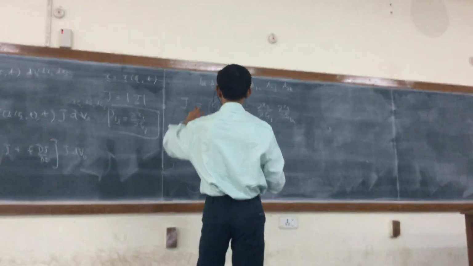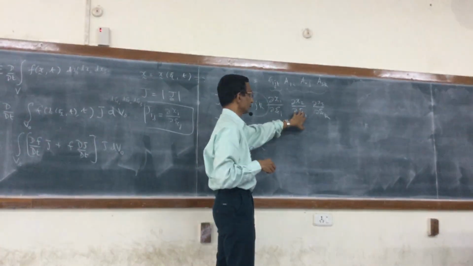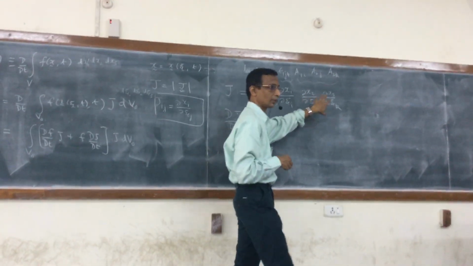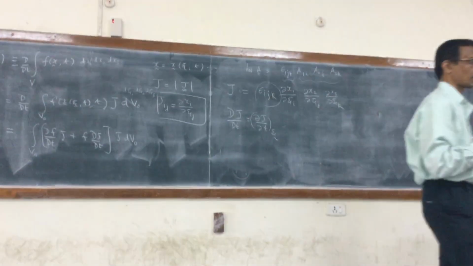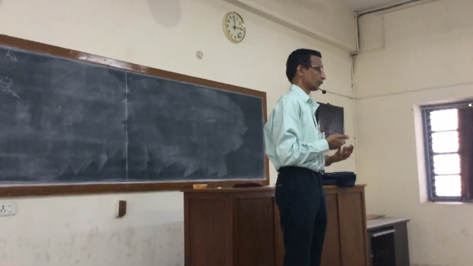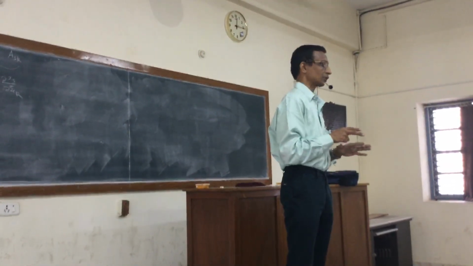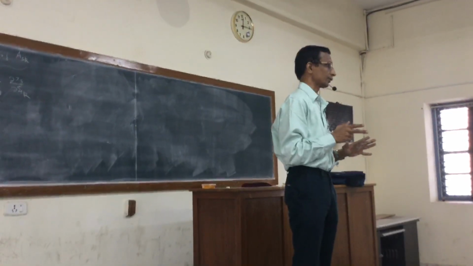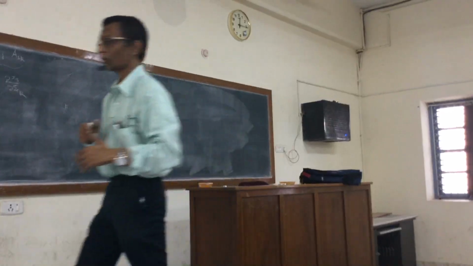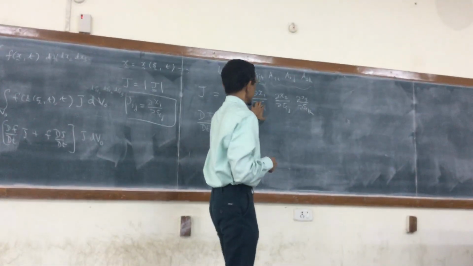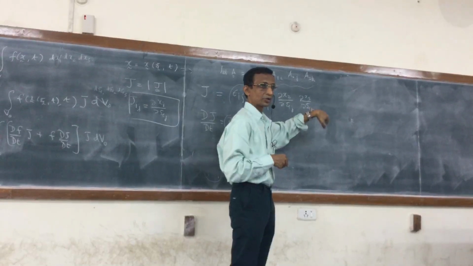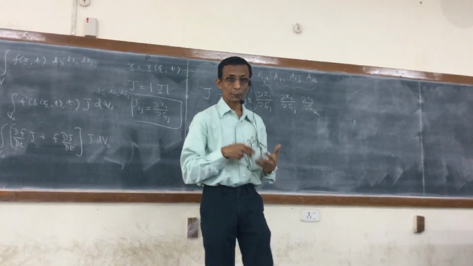So what I can do now is I see that since this is a constant, every term in this sum is a product of three factors. So I can differentiate term by term. In the repeated summation convention, if you don't disturb any of the indices, it will take care of the sum automatically. Right? So this is a product of three terms, so I have to differentiate the product.